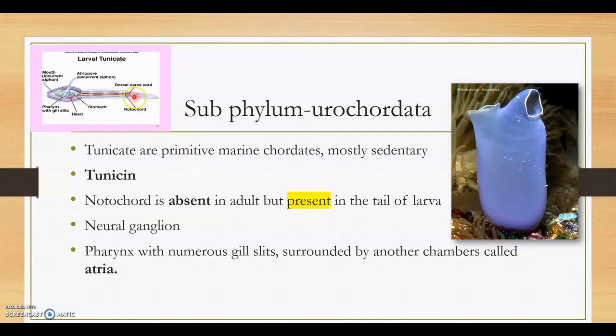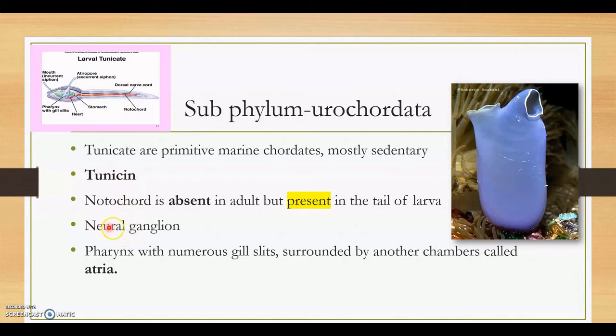You can see the notochord which extends from the tail region. This is the tail region, and this is the head region. In the head region, there is no notochord. The notochord is not extending up to the head region, but is only present in the tail region. But in adults, the notochord is completely absent.